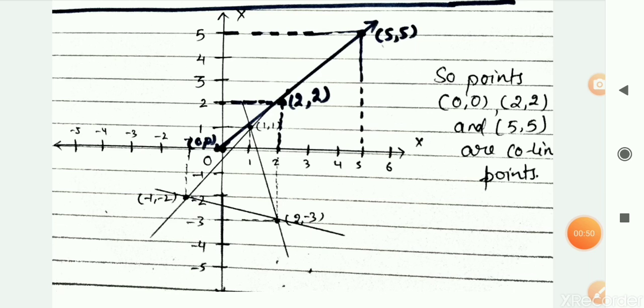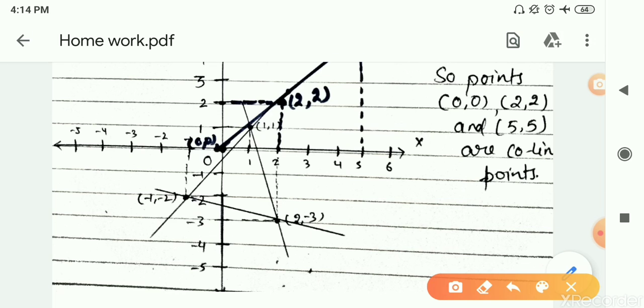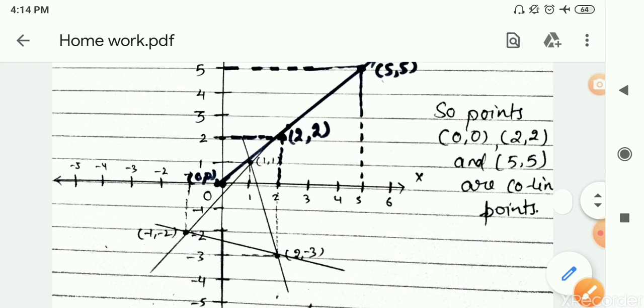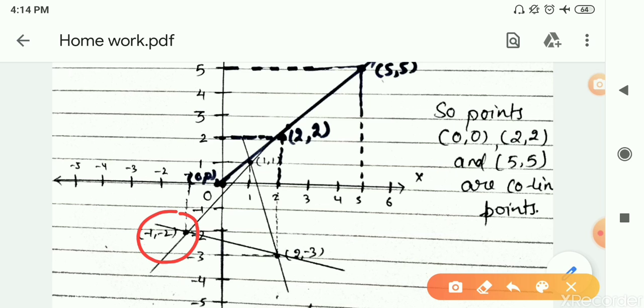So here we have the graph for the given question number 4, and I have tried to solve it. Let us understand what we have in our second part. As you can see, there were 3 points. The first point is -1 comma -2, the second point is 1 comma 1, and the third point is 2 comma -3.